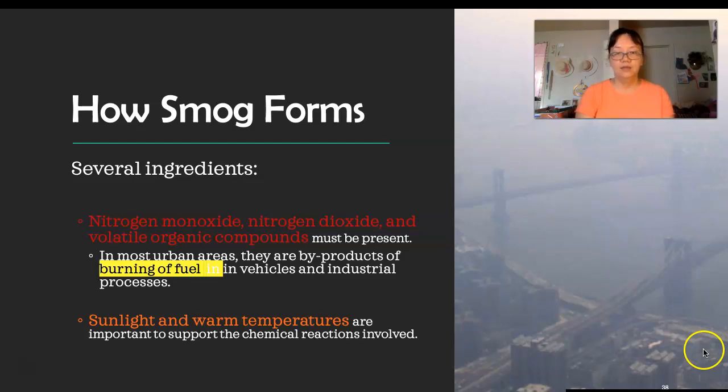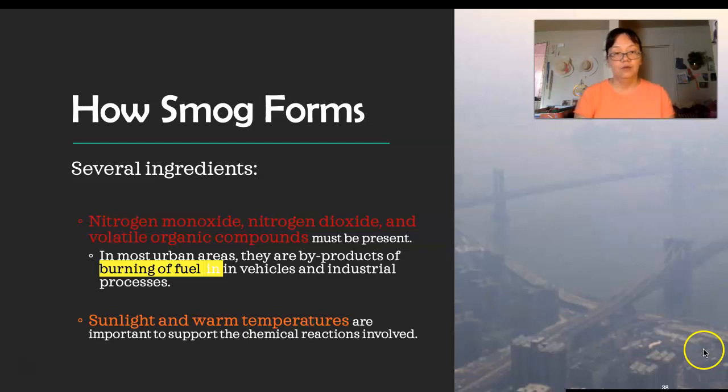How does the smog form? It has several ingredients to start to be cooked with. Nitrogen monoxide, nitrogen dioxide, and VOCs must be present. So these are the ingredients. It's like making mashed potatoes. You have to have potatoes in the pot, right? You have to boil them and mash them. That's your cooking material. And then you add other things like butter and gravy later.